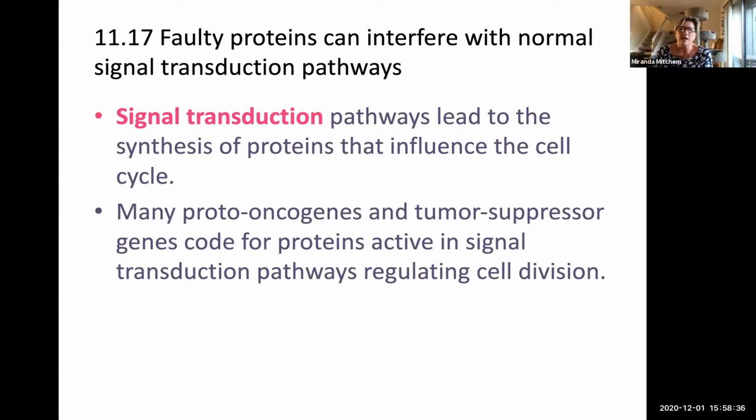It turns out that many of the proto-oncogenes and tumor suppressor genes produce proteins that are part of this signal transduction pathway. These are the good genes. We want our proto-oncogenes to be normal, and we want our tumor suppressor genes active so that they can inhibit cellular growth in the event of uncontrolled growth, which could lead to a tumor.